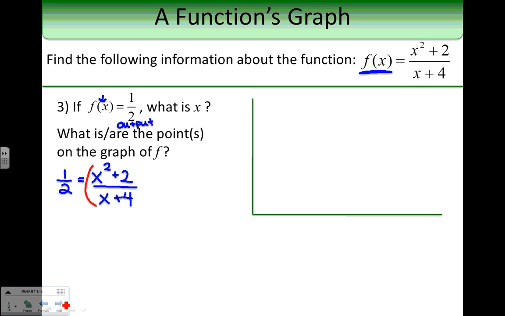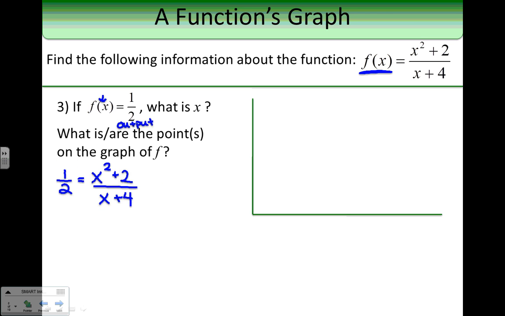We need to get rid of that denominator to solve it. So multiply this side by x plus 4. Oh, sorry, let's scratch that really quick.